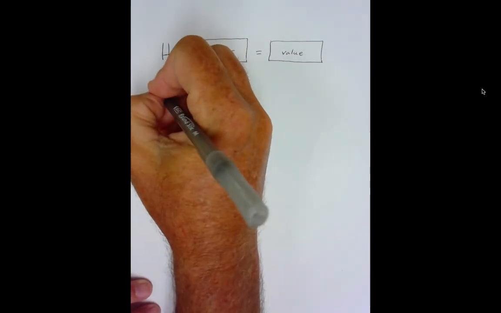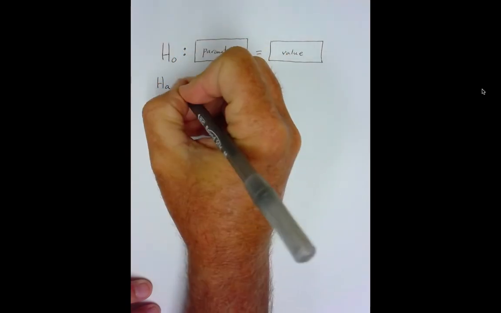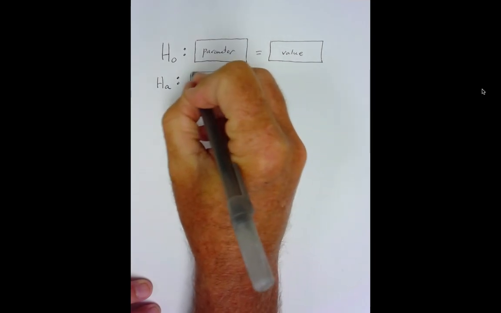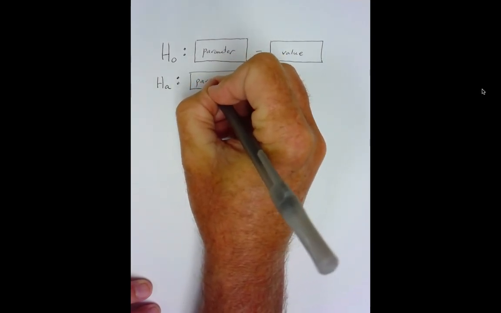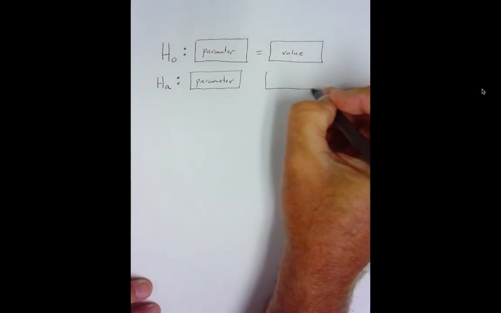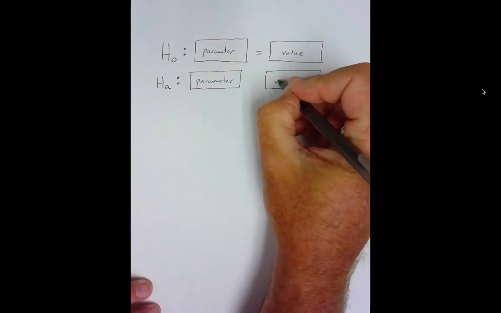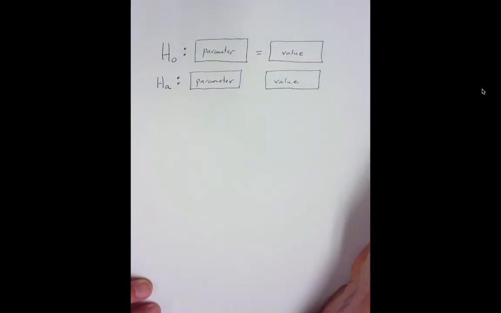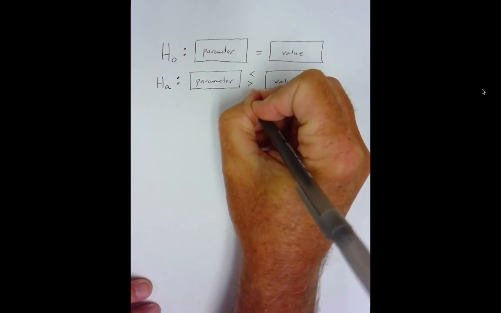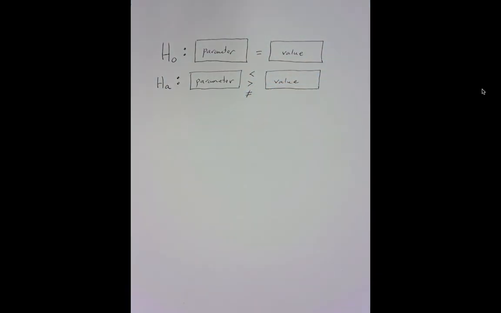The alternative hypothesis is always H sub A, colon, the parameter, the value, and a competing statement: less than, greater than, or not equal to.